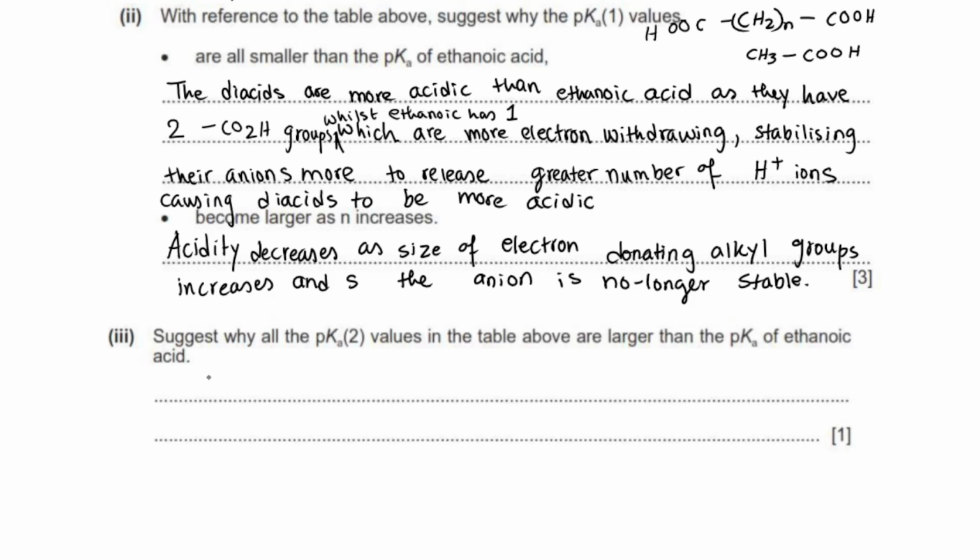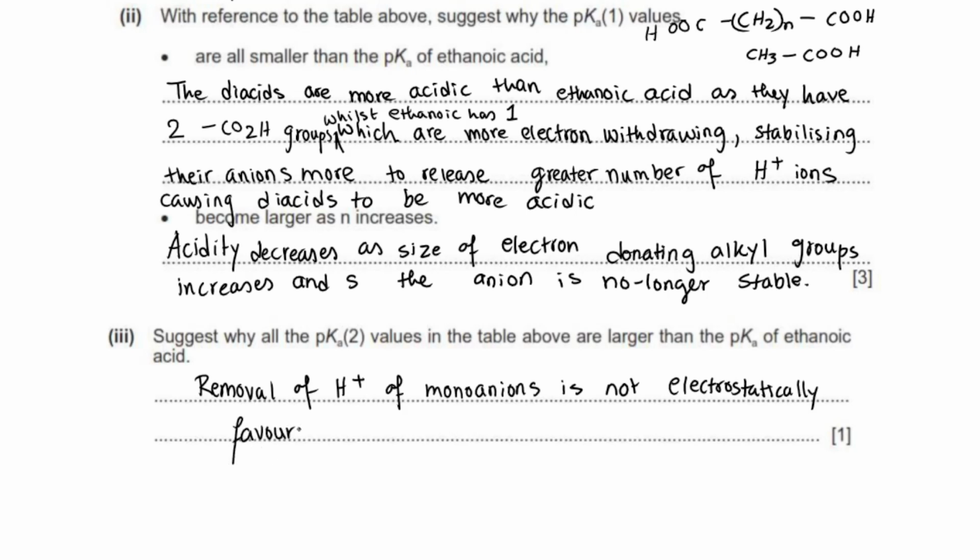For part 3, they ask that suggest why all the pKa2 values in the table above are larger than the pKa of ethanoic acid. Removal of hydrogen ions of monoanions is not electrostatically favorable.